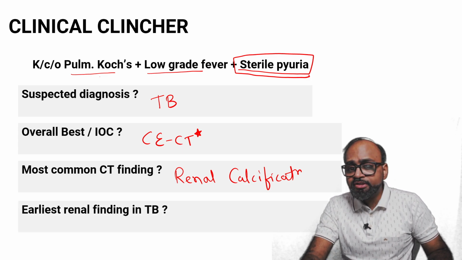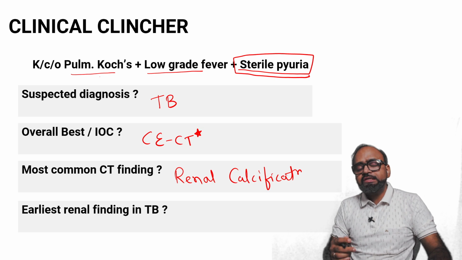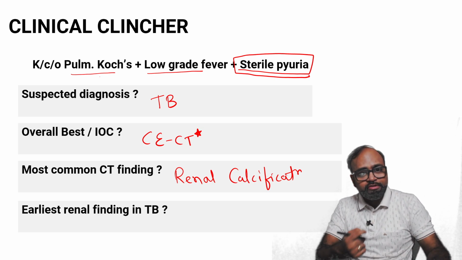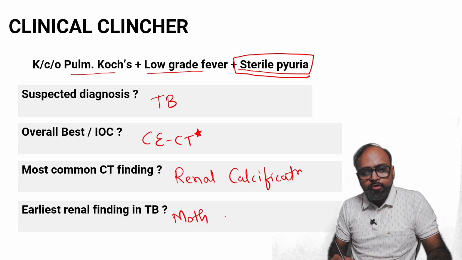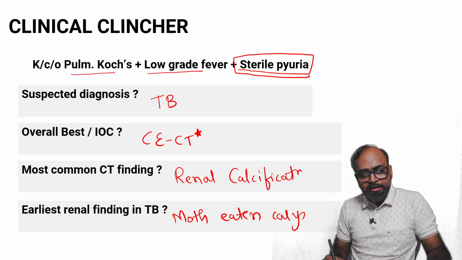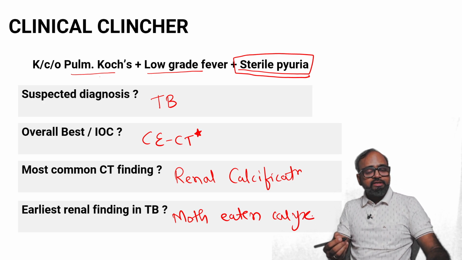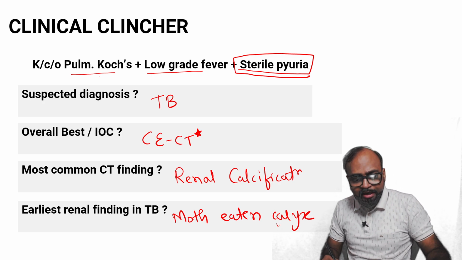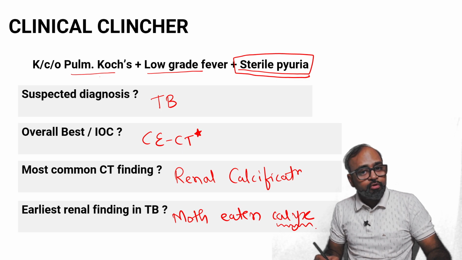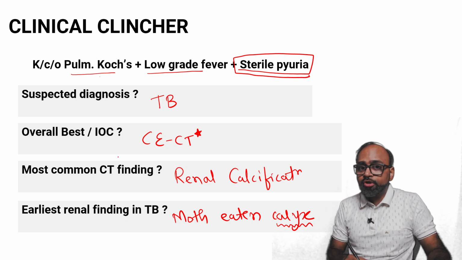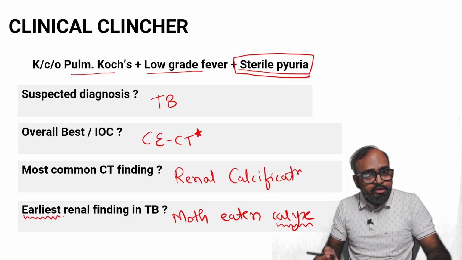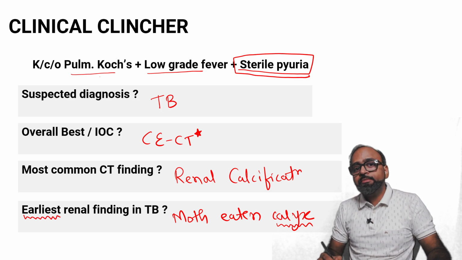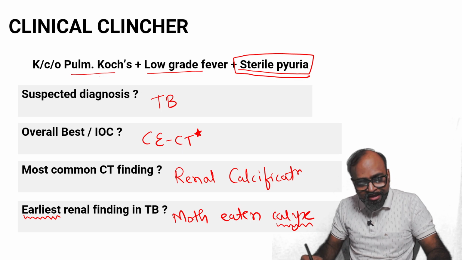This is the most common finding which is usually seen when you do a CT. The earliest renal finding in tuberculosis is an erosion involving the wall of the calyx. This calyx is now called the moth-eaten calyx. Because the earliest finding in renal TB is at the level of the calyx, if we have to diagnose renal TB at a very early stage, we need a modality which will be able to show us the anatomic details of the calyces.